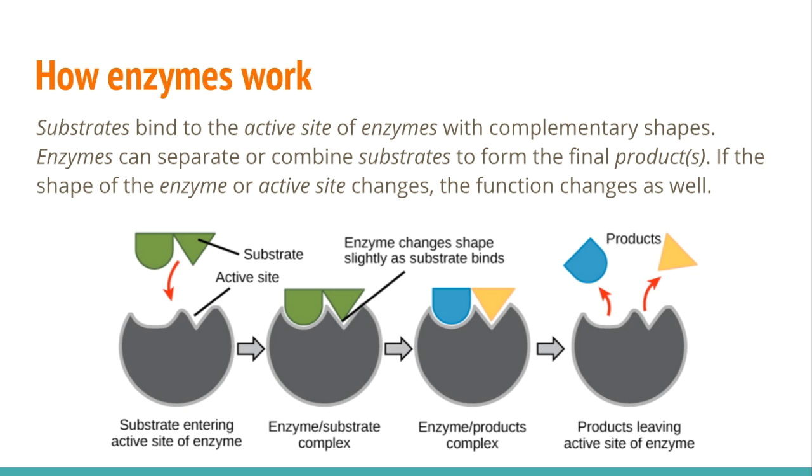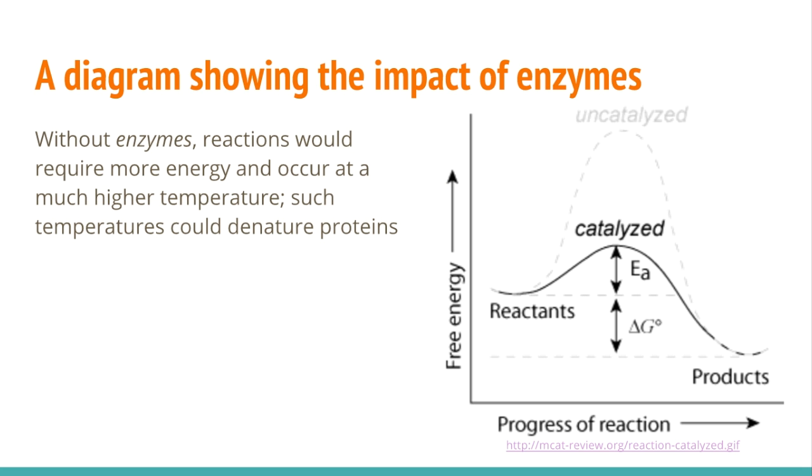And as mentioned earlier, another thing enzymes do is lower the activation energy, and they catalyze. Without enzymes, reactions would have to occur at a higher temperature, and such high temperatures aren't easily found in the human body or in the bodies of animals and other organisms, because such temperatures can denature proteins. They can break apart proteins and break apart the enzymes themselves.